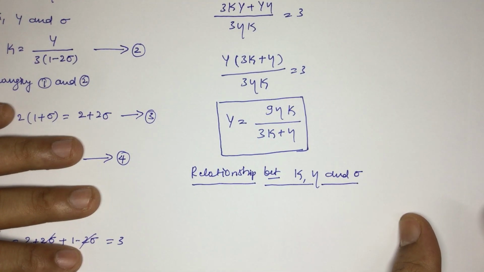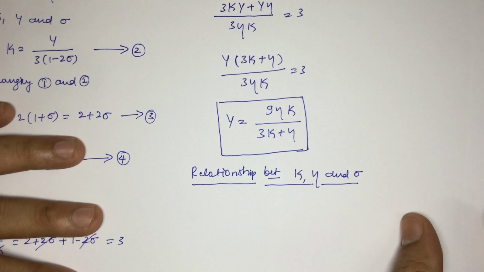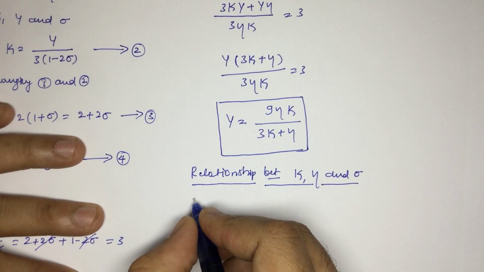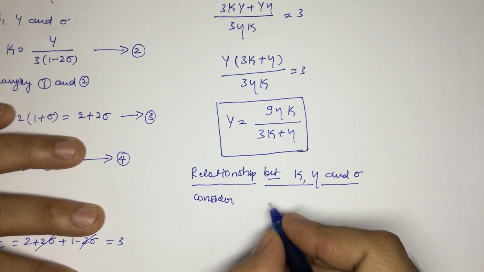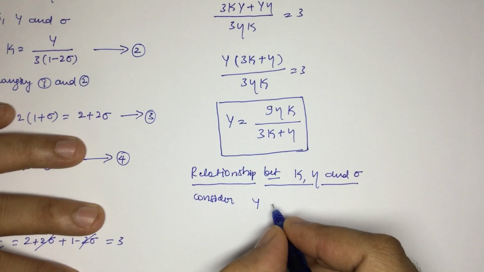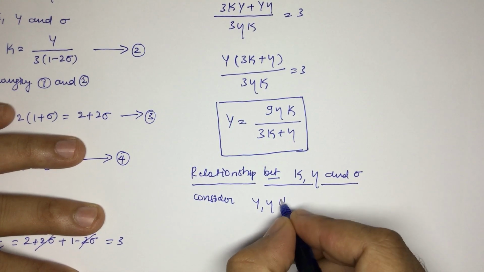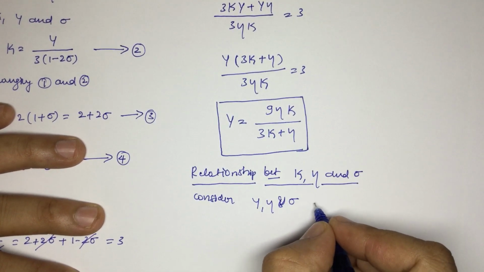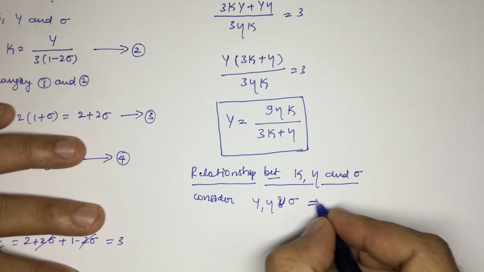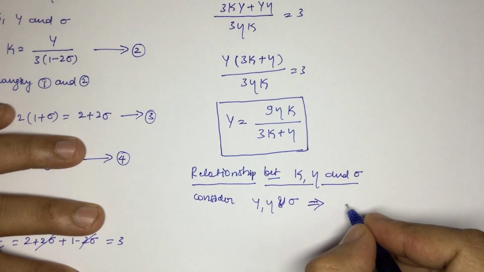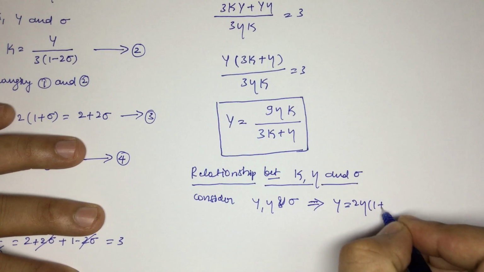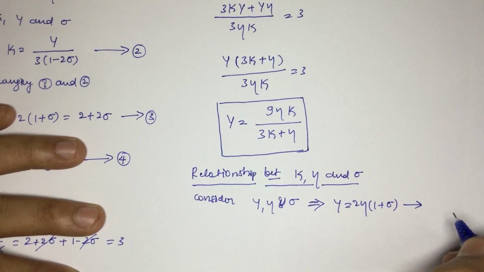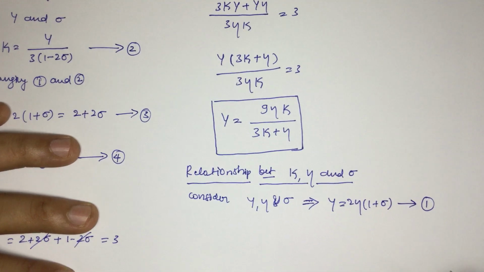So again consider those earlier two established relationships. Consider the relationship between y, eta and sigma. This is given by y is equal to 2 eta into 1 plus sigma. Again say this is equation 1.